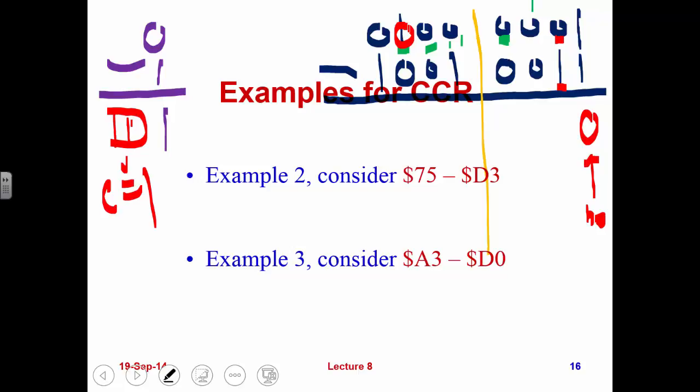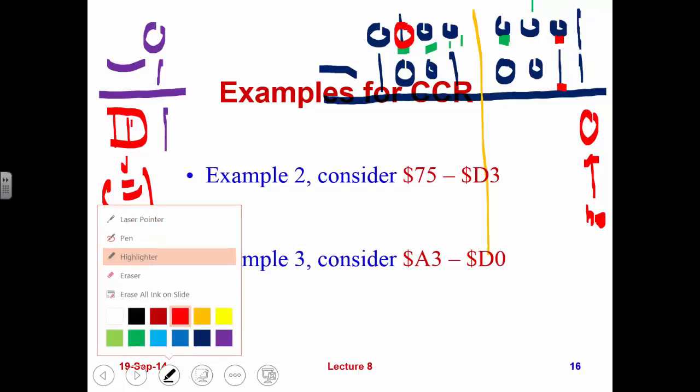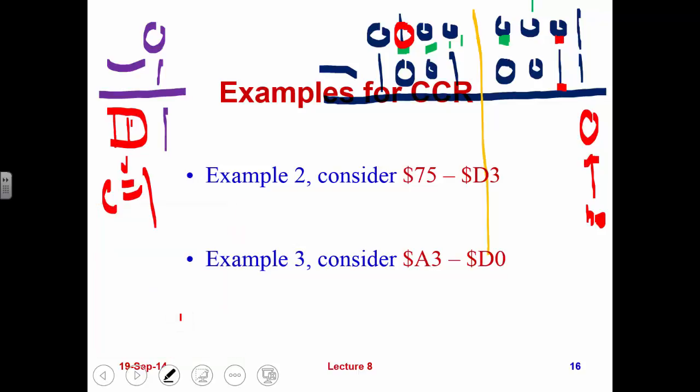If you borrow from this one, you borrow from a high order bit. Here this is 1, 2, 4, 8, 16, 32, and 64. That's going to make all those bits 1, 1, 1, and 1.